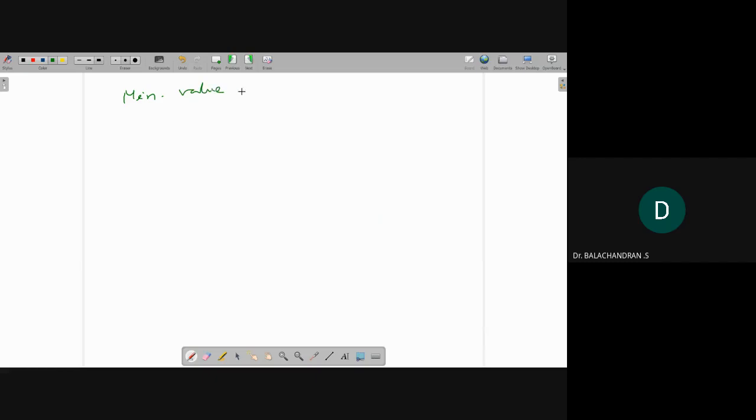The minimum value is f of 1 by 2 comma 1 by root 2, and f of 1 by 2 comma minus 1 by root 2. And then next you should find the value of f of x comma y at the corner points. What is the corner point?